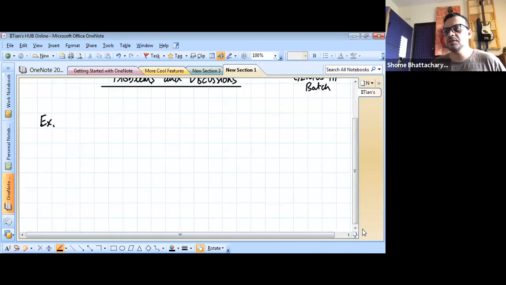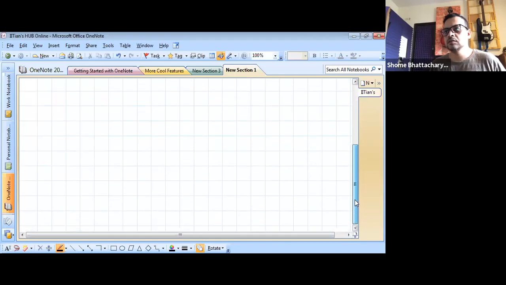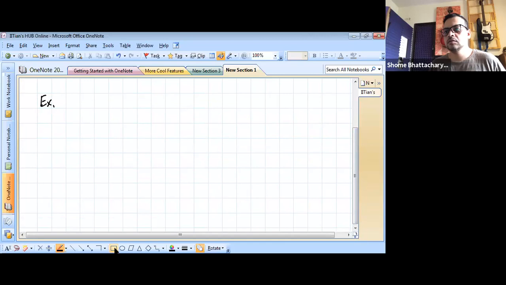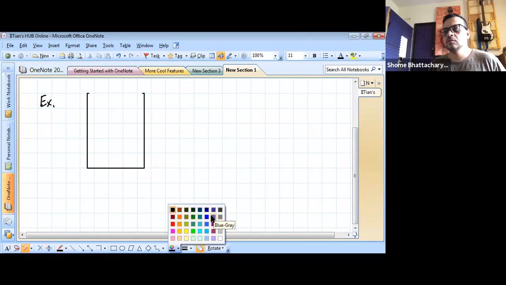So this example next, like this. We have an open tank with liquid inside it.